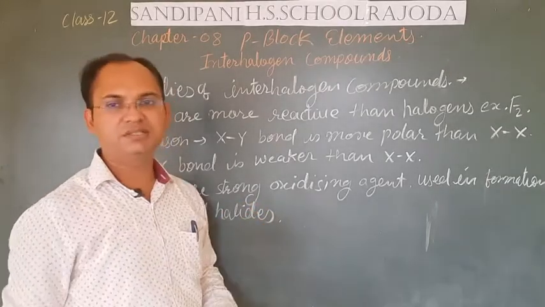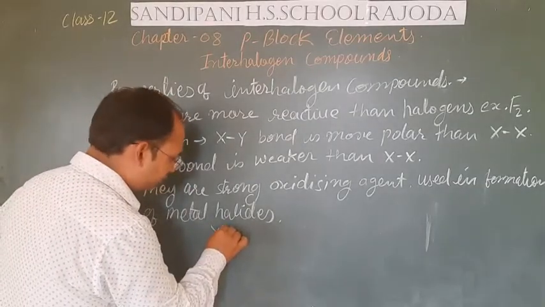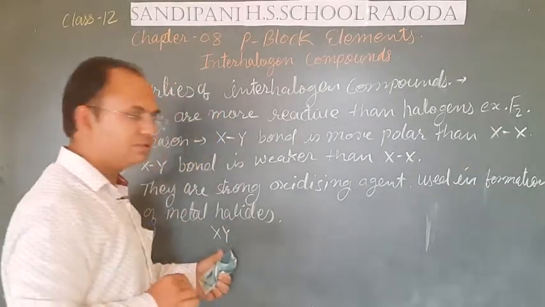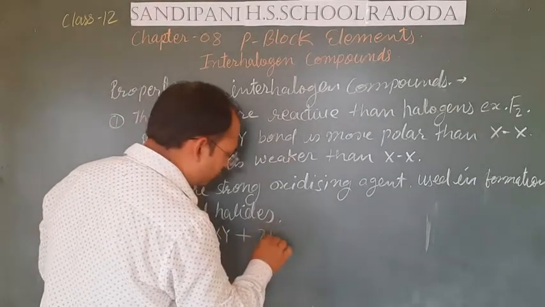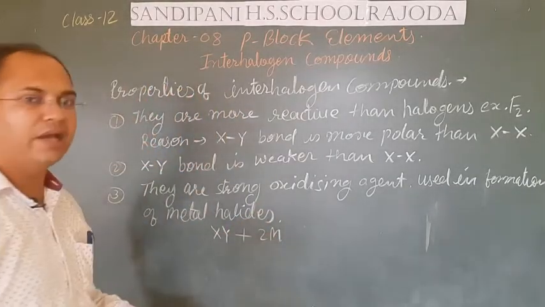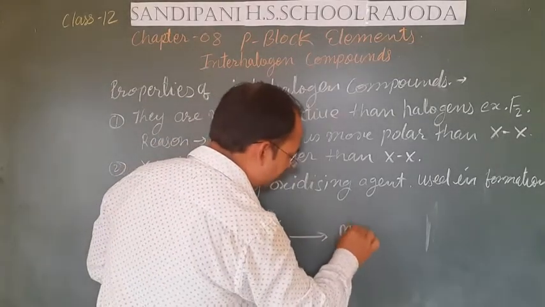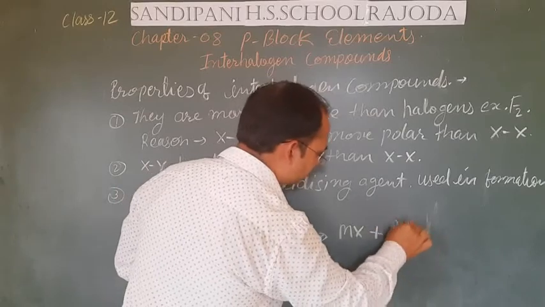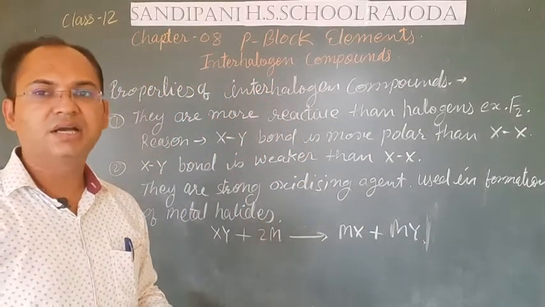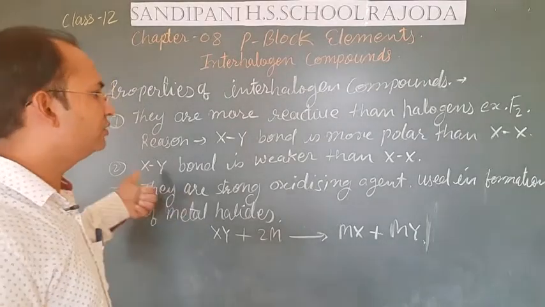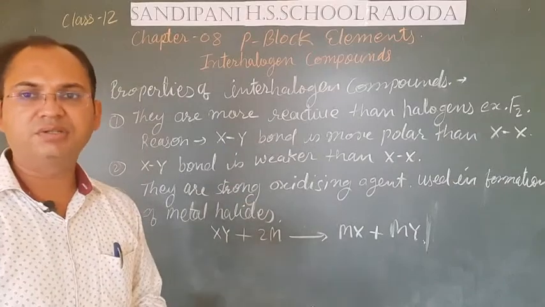Let's see how they form the metal halides. When an XY interhalogen compound reacts with metal, it forms MX plus MY type of metallic halides. So students, these are the major properties of the interhalogen compounds.